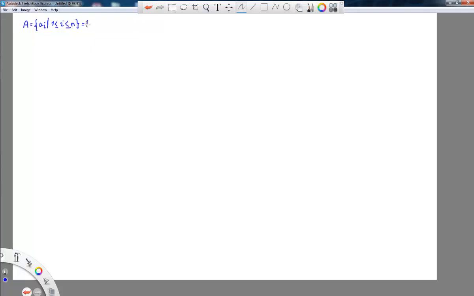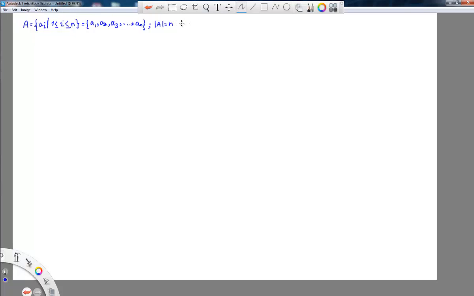So effectively, this set is going to be the set of elements A sub 1, A sub 2, A sub 3, all the way to A sub n. Because of this, I know that the size of A is equal to n. Basically, set A has n elements.